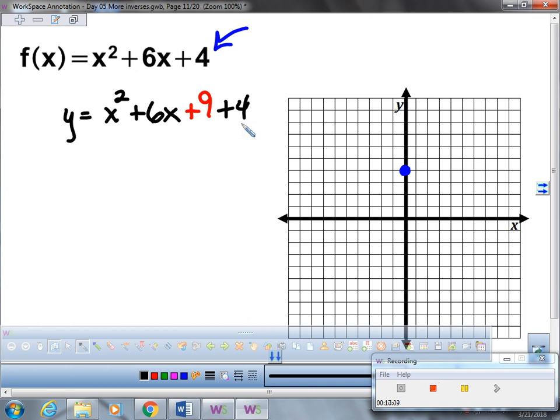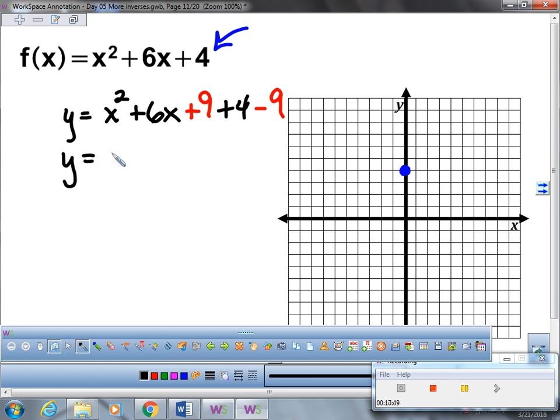Hold on. So I have 9. Most of the time you guys would add 9 to both sides, right? But I want to graph this thing. So when I add 9, I just tip my scale. So how could I untip it? Did I add 0 now? Everybody okay with that? I added 9 and I subtracted 9 so that I could make a perfect square trinomial.